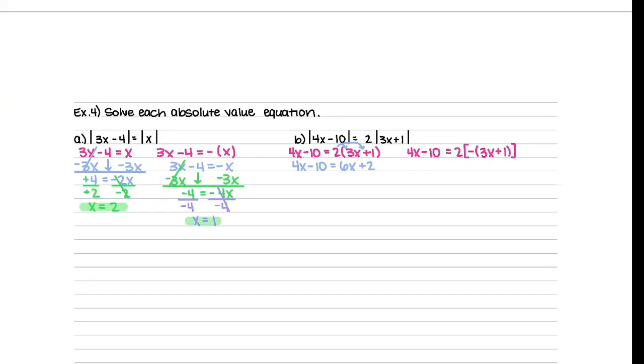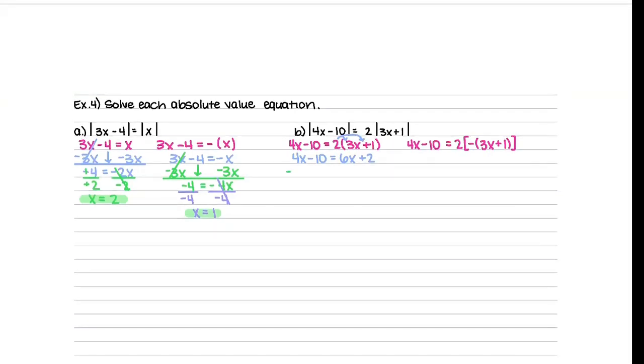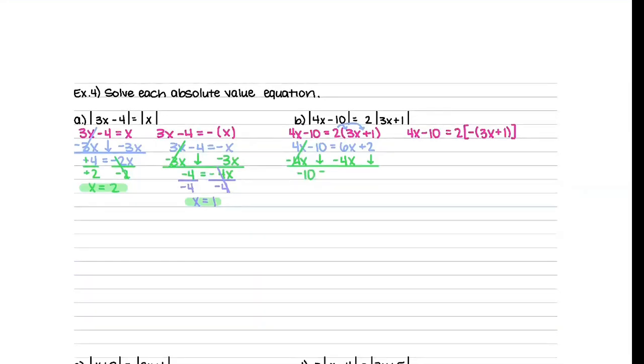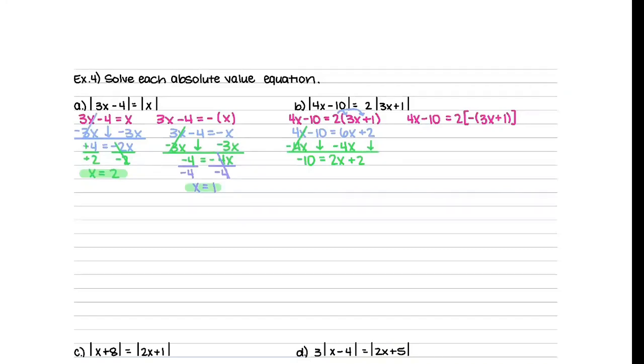Now I'm going to solve for x. I want to move my 4x over so that my coefficient of x is positive. I subtract it from each side. The 2 is going to drop down. The 10 is going to drop down. The 4x's cancel. So this is leaving me with negative 10 is equal to 2x plus 2. From here, I'm getting my 2x by itself, so I'm going to move this constant 2 over by subtracting it from each side.